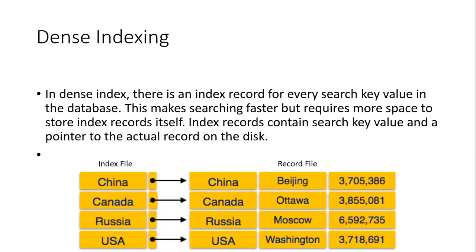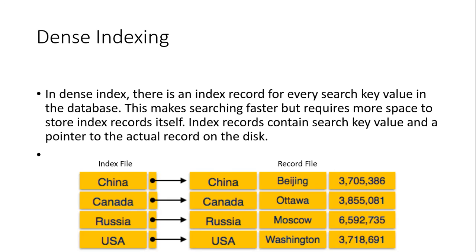But the disadvantage of dense indexing is that the index file will be very large, because corresponding to every record of a database there will be an entry in the index file. If the number of entries is high, then the number of blocks required will be more.